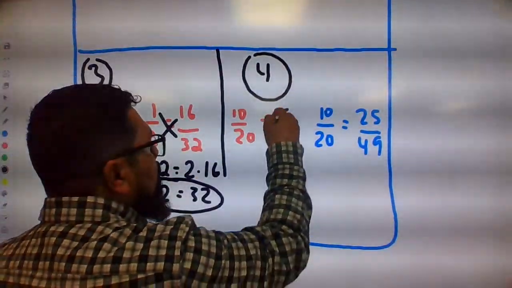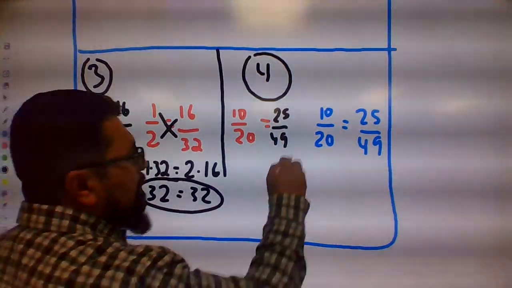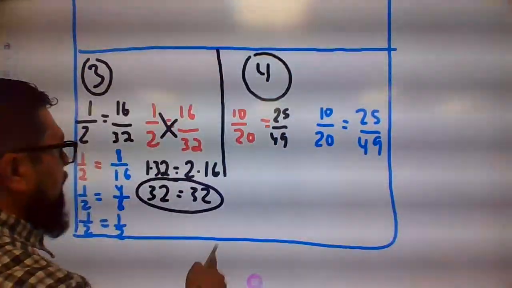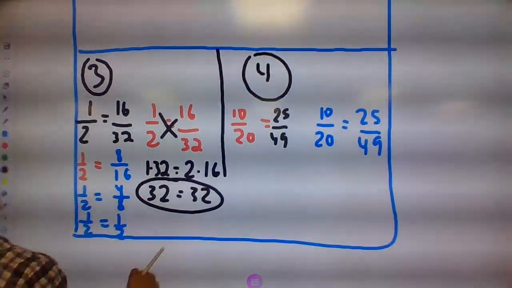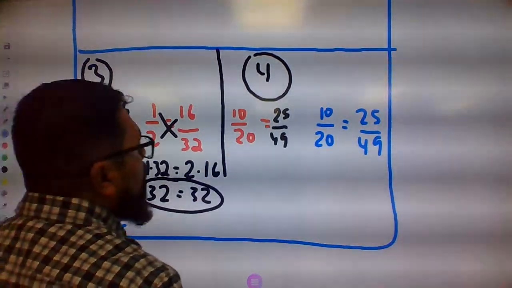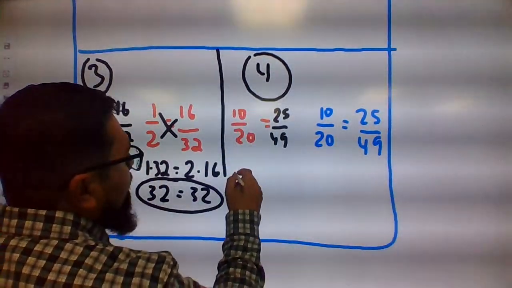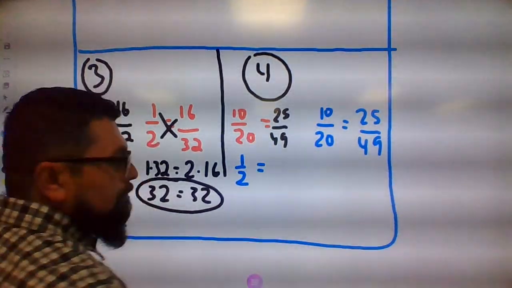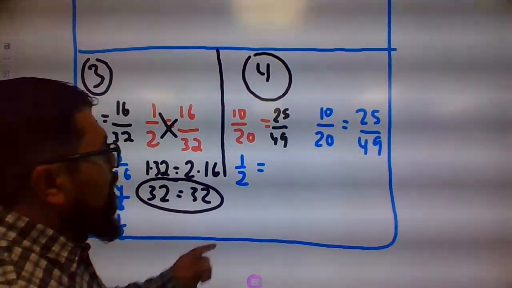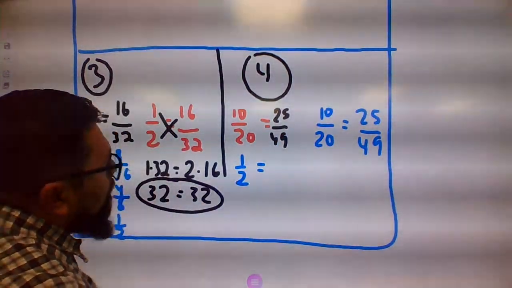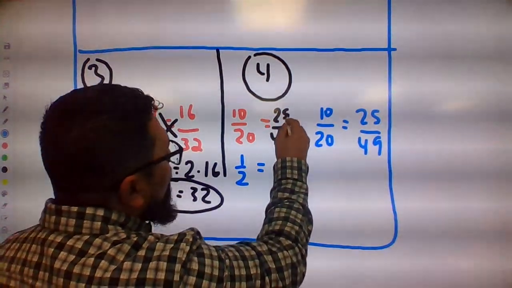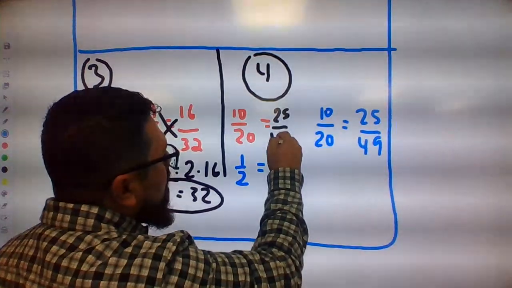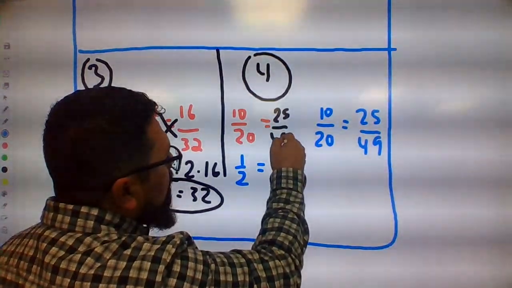10 to 20 is equal to 25 to 49. On this one, we're going to go ahead and simplify. It looks like this is going to be 1/2, right? And then this one, 5 goes into 25, 49.